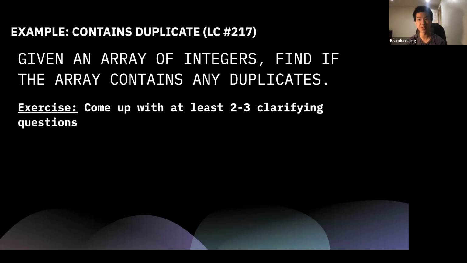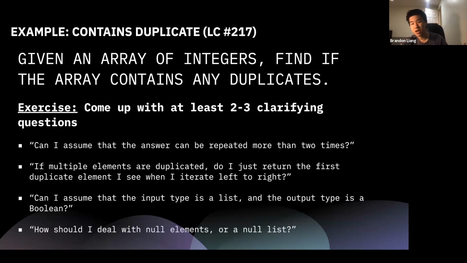Okay. Thank you guys for that. So the questions that I came up with were four. The first question is, if there is a duplicate element, would it be repeated more than two times? If multiple elements are duplicated, do I just return the first duplicate element that I see when scanning left to right?